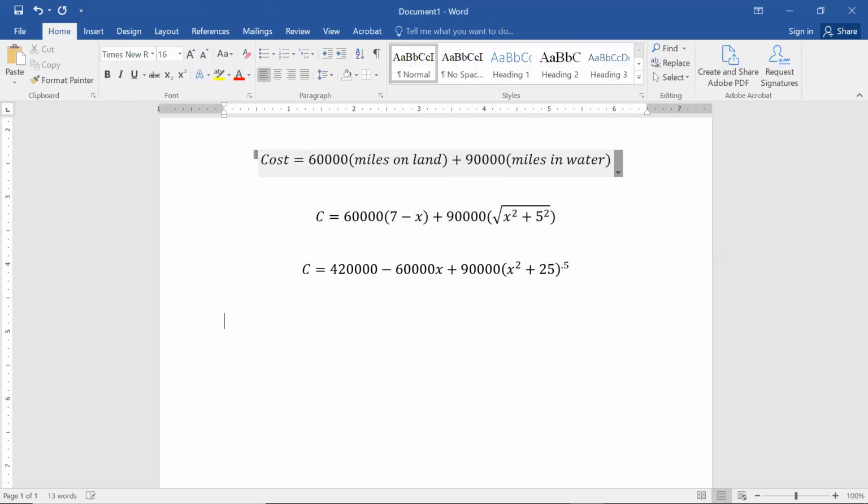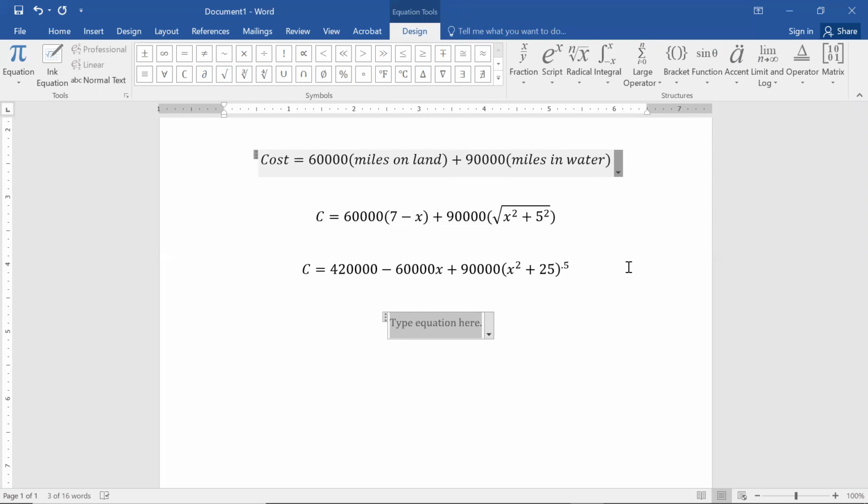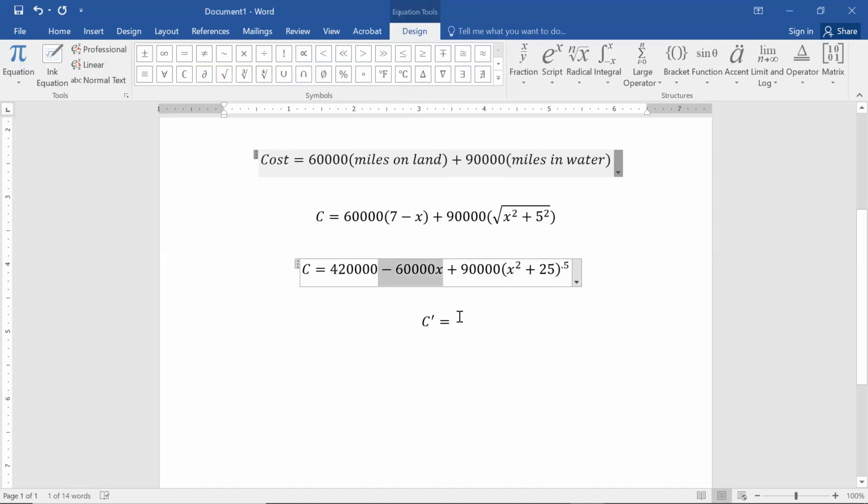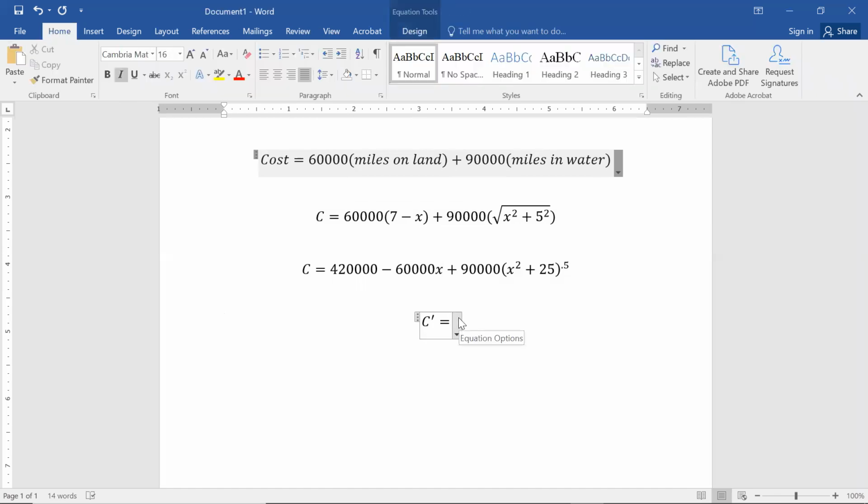Now I can look for critical values of this cost function by taking c prime. The derivative of 420,000 is 0. Derivative of minus 60,000 times x is negative 60,000. Plus the derivative of this portion, we're going to have to use a chain rule to do that.